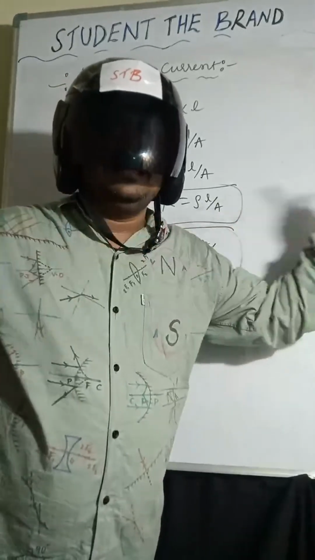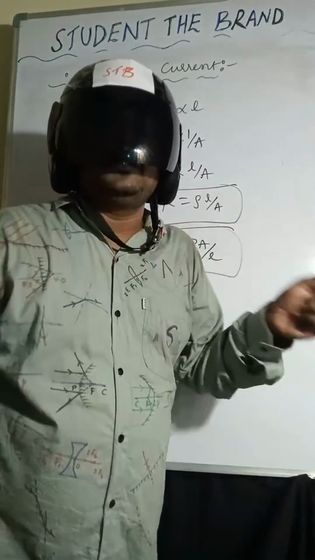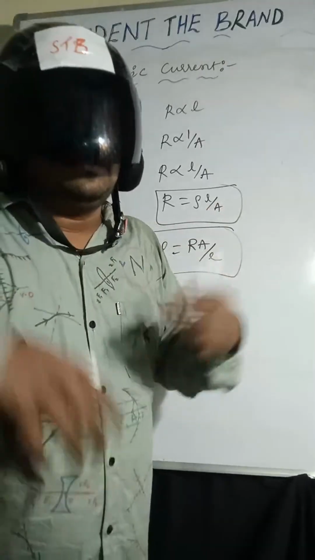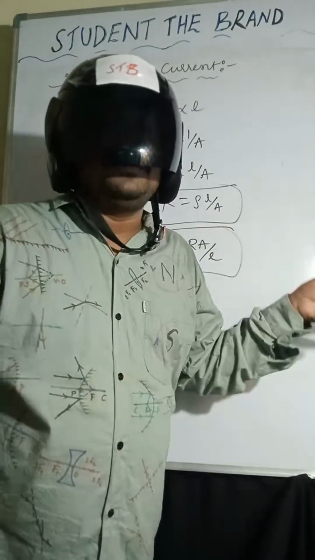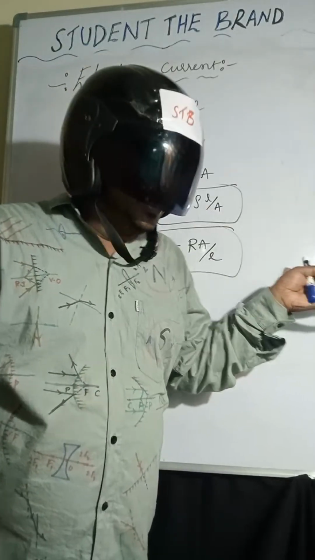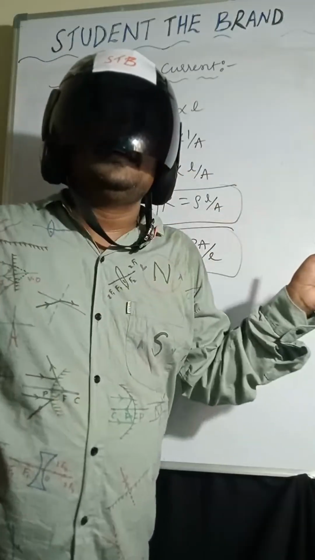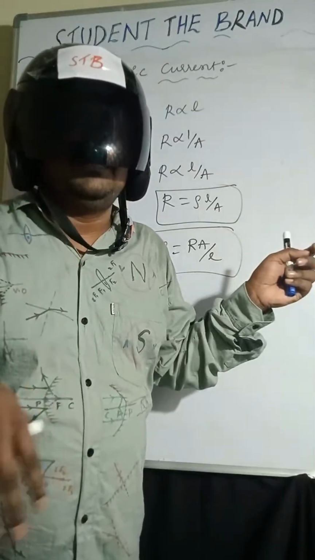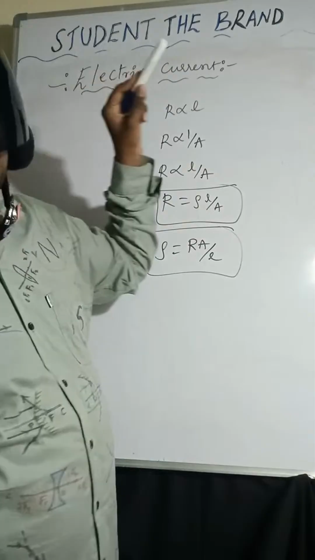If you take a lengthy pipe, the opposition will be more. If you take a very short pipe, resistance will be less. If the area of cross section is more, water will go easily. If the area of cross section is less, resistance will be more. So R is inversely proportional to area of cross section.